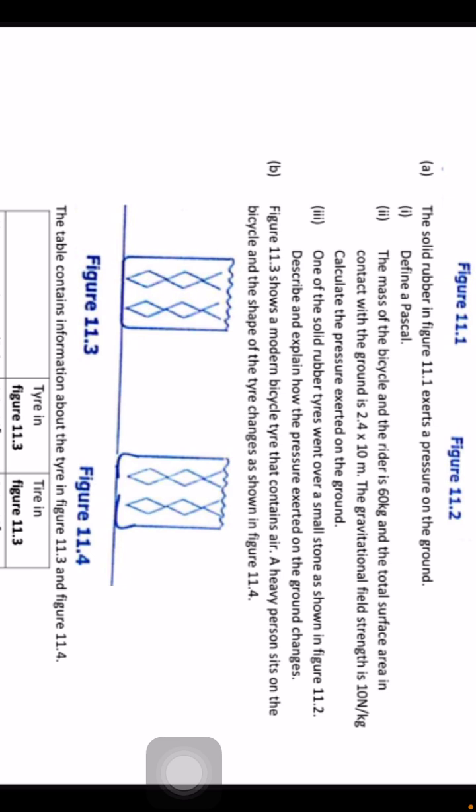Describe and explain how pressure exerted on the ground changes. Okay, this tire here went over a small stone, and we are to explain how the pressure exerted on the ground changes.